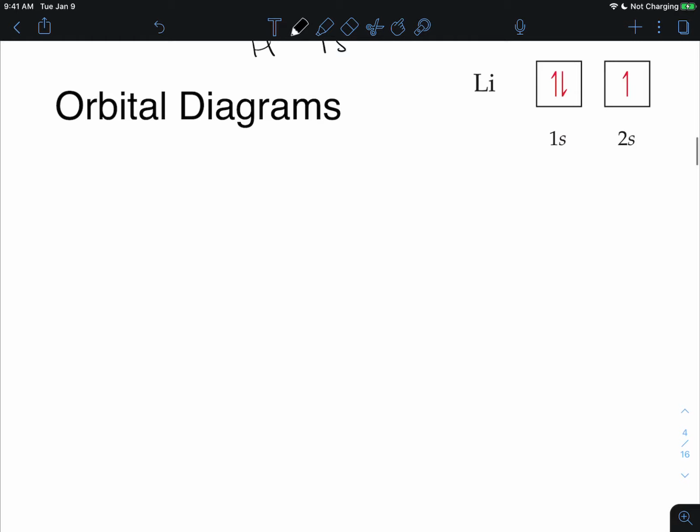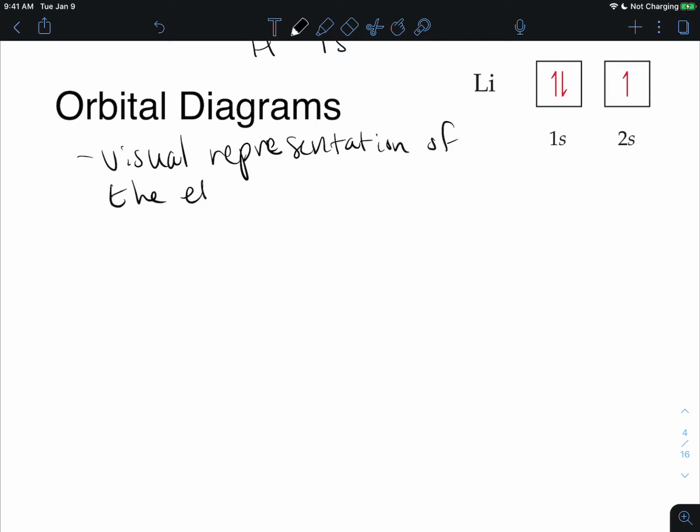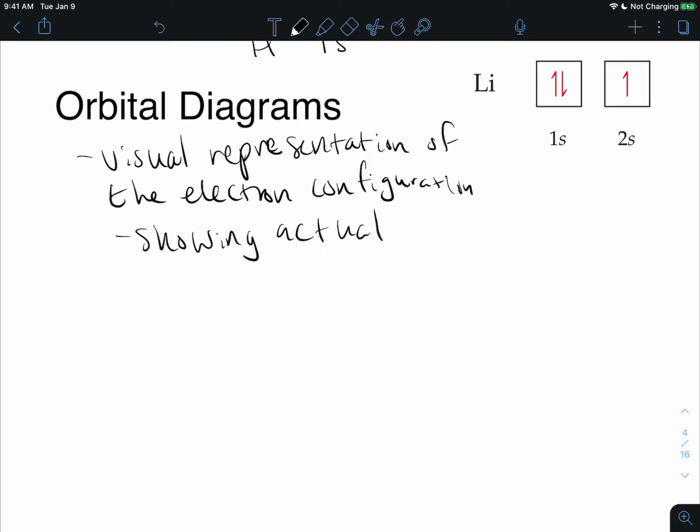Our orbital diagrams are just a visual representation of the electron configuration. But with our orbital diagrams, we're putting in actual orbitals. So showing actual orbitals.